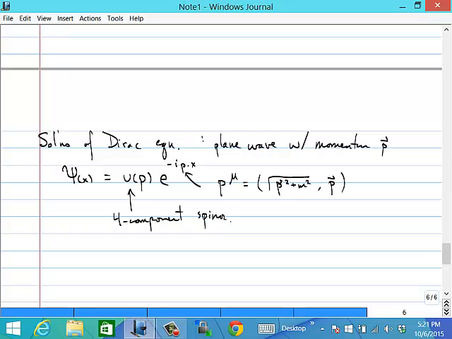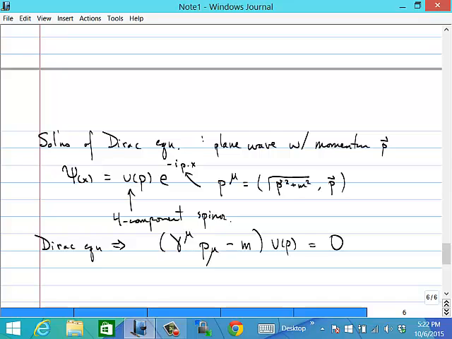And the form of u will be determined by the Dirac equation. So what does the Dirac equation look like? Well, u is a function of p, not of x. So when you act with d by dx mu, that brings down a factor of minus ip. So the Dirac equation then just says that gamma mu p mu minus m acting on the 4-component spinor u is equal to 0.